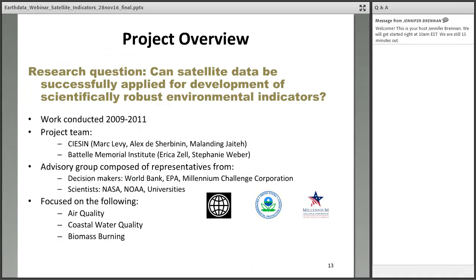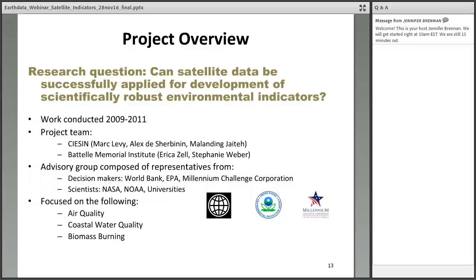The purpose of the project was to answer the question, can satellite data be successfully applied for development of scientifically robust environmental indicators? The work was conducted in 2009 to 2011, but the actual findings have continued to inform our work here at SEDAC for a while.